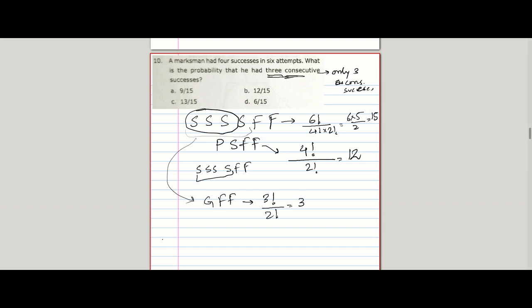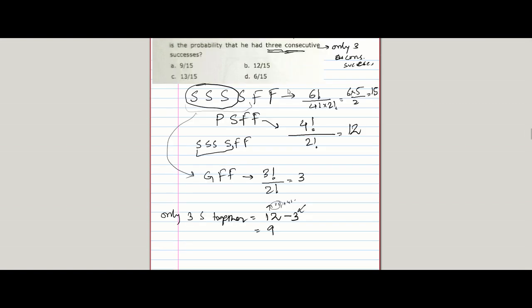So only 3 successes together is this 12 minus 3. Okay, so what is 3 now, in which 4 successes are together, and this includes 3 successes together plus 4 successes together? So if we want to get only 3 successes together, we will subtract 3 from 12, so it's 9.